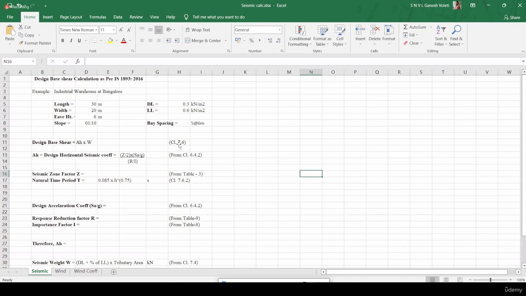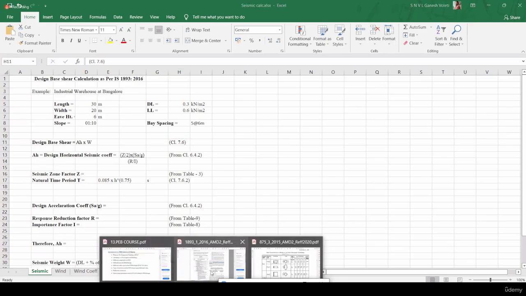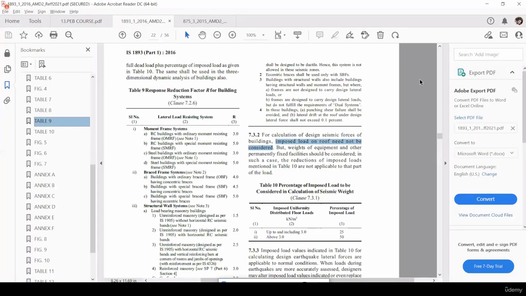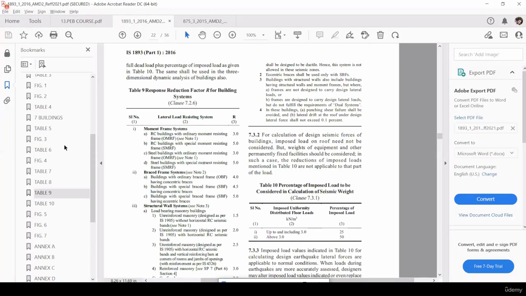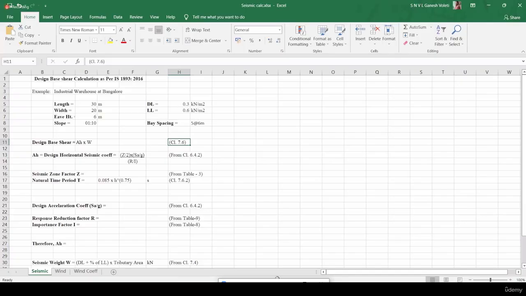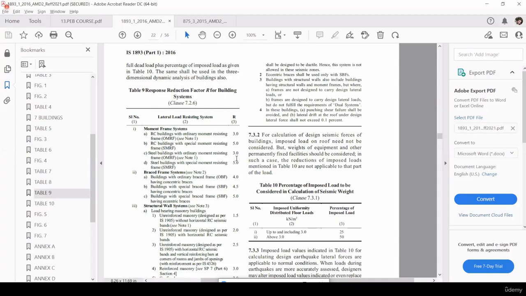So from clause 7.6 of IS 1893, let us go to IS 1893. Where is that clause? Clause 7.6.